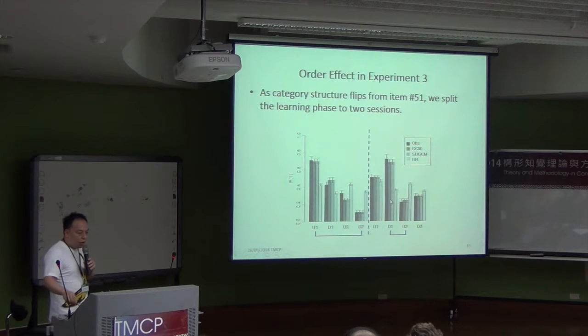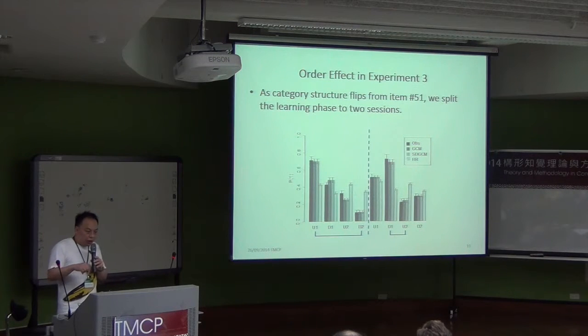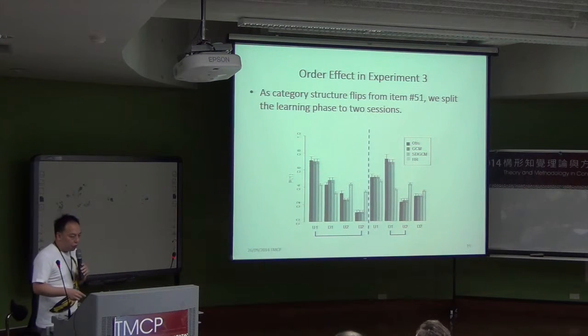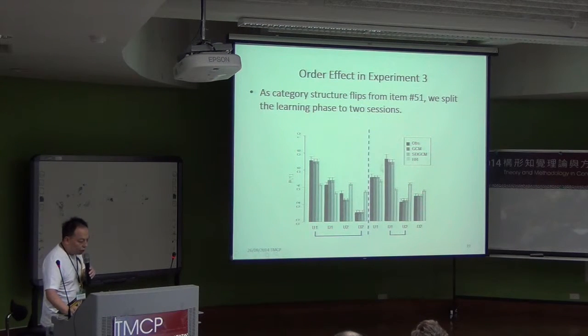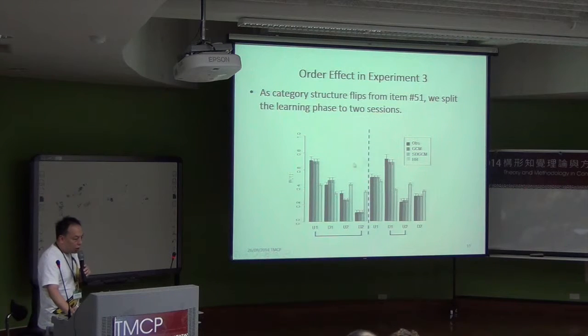So when you find the previous item is category 1, and then the current item is smaller than the previous one, you are very likely to predict it as category 1. So that's for the second session. As you can see, the modified VGCM and the SDGCM can capture this pattern.